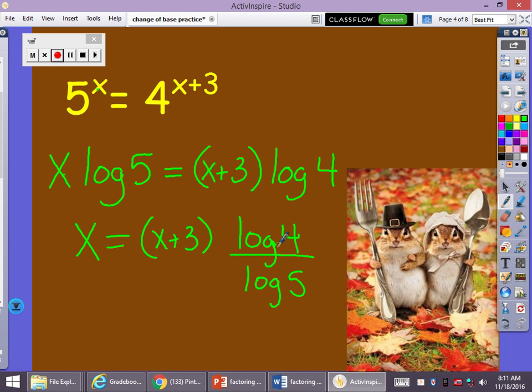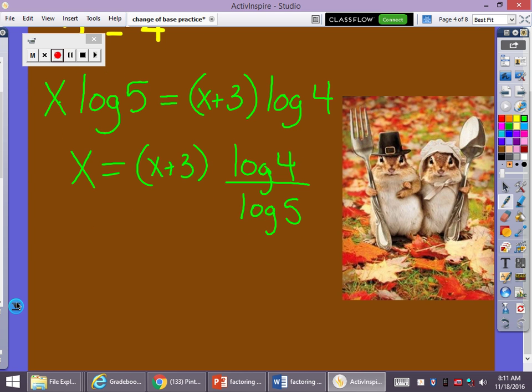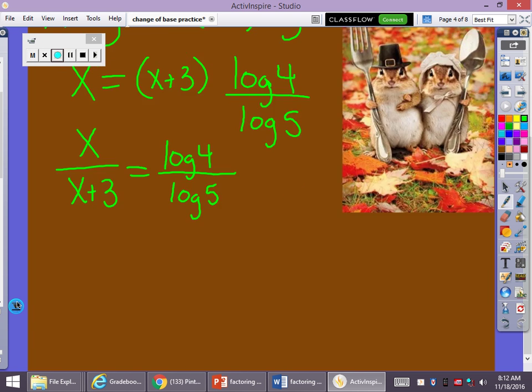The x plus 3. So now I get x over x plus 3 equals log 4 over log 5. You didn't have to do it this way. You could have figured out what the log of 4 is and distribute it. I just felt like this was slightly easier, okay? The log of 4 divided by the log of 5.